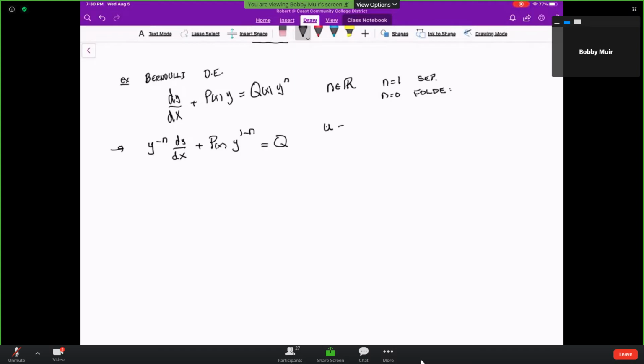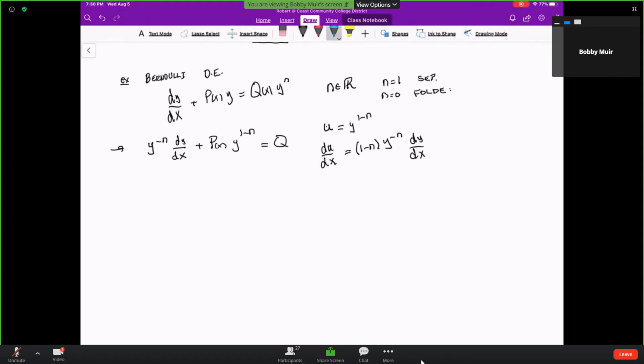So if I let u be this y to the 1 minus n, then the derivative is going to be 1 minus n y to the negative nth power times dy dx.